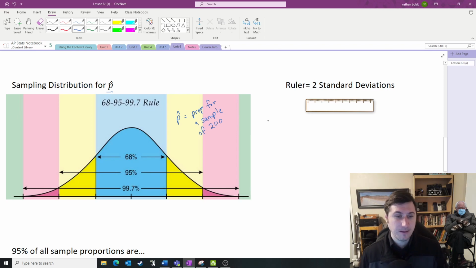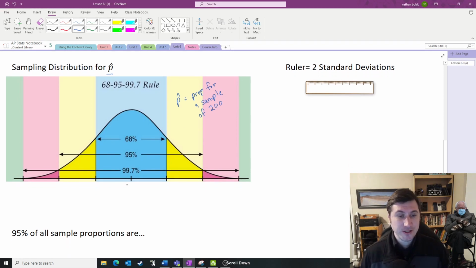And if I build the sampling distribution, I know the center of the sampling distribution is the true population proportion. The average of all the p-hats is the actual population proportion p. Those are the same thing.